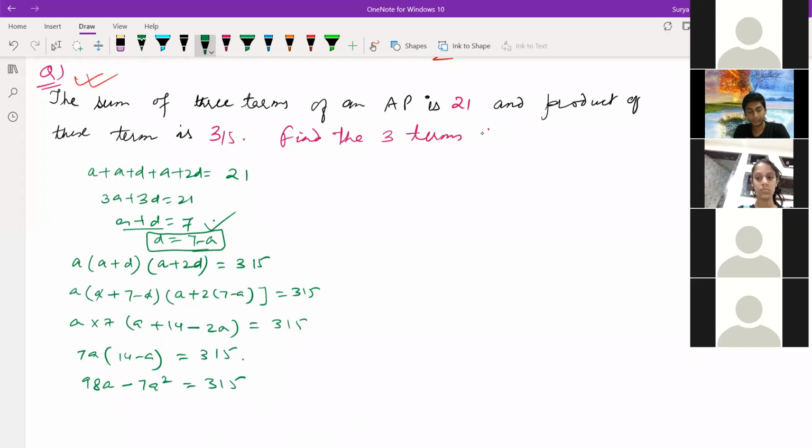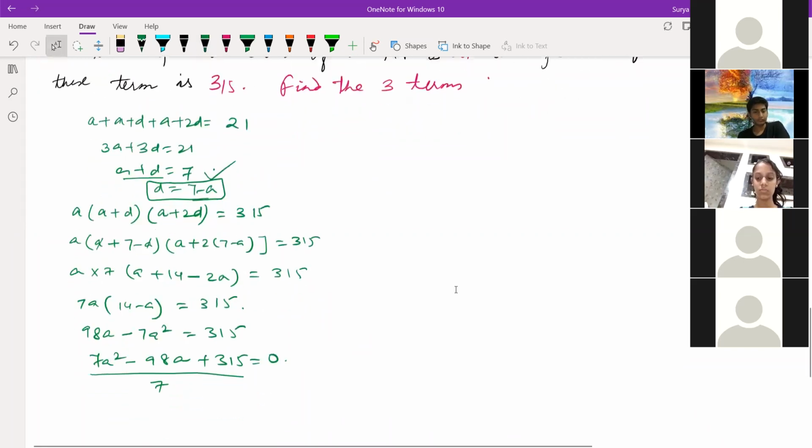Have you done like this? 7A square minus 98A and then plus 315 is equal to 0. In the same way you have done. Yes, sir. So what are you getting for the value of A here, dividing everything by 7, right? If you divide by 7, what do you get here?